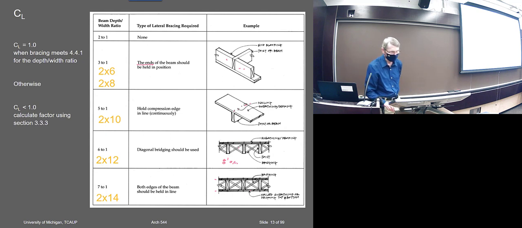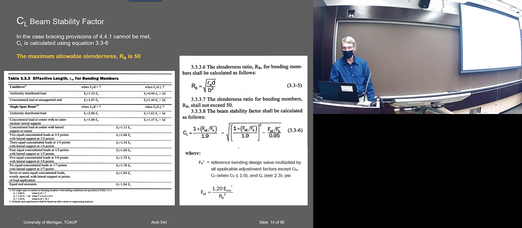So if you can meet them, you'll end up with CL as 1, which is much better, because if you don't take CL as 1, that means CL is going to be less than 1, and it's going to decrease the strength. So if it comes out to be like 0.5, well, you've shot 50% of the strength of that wood, right? So not too economical.